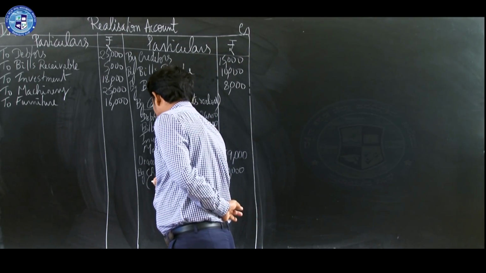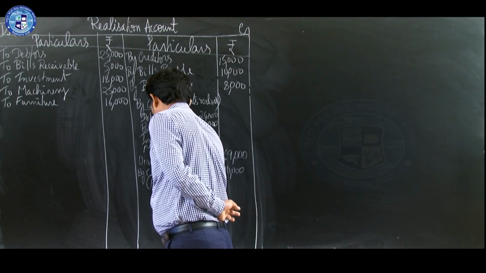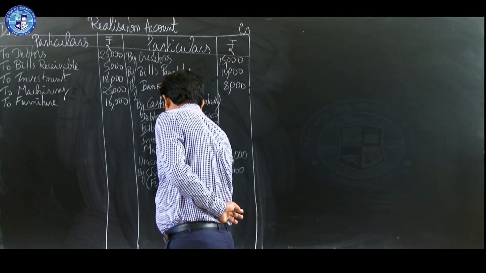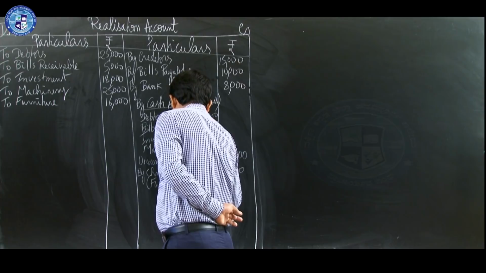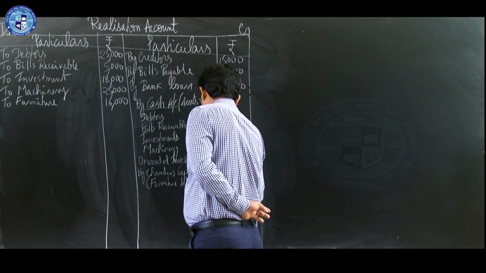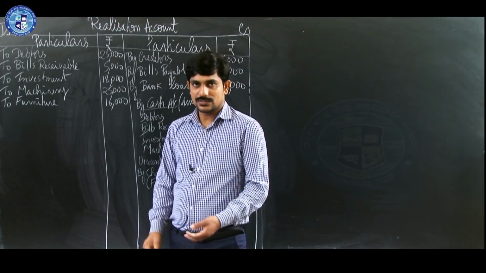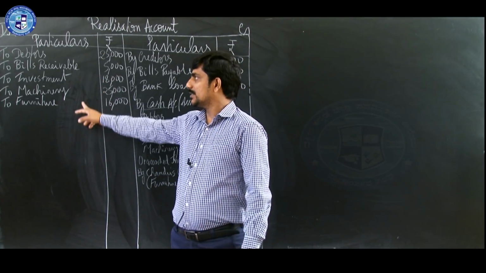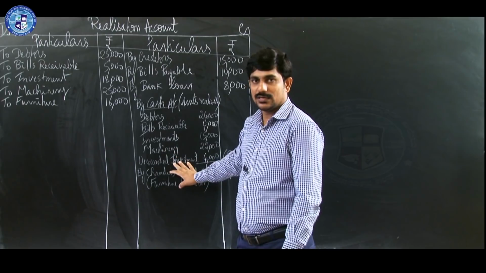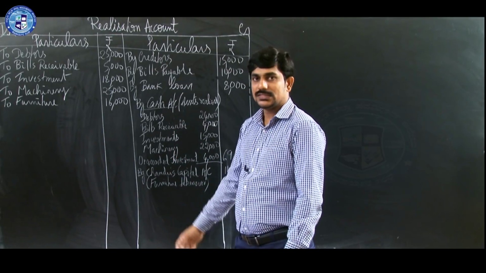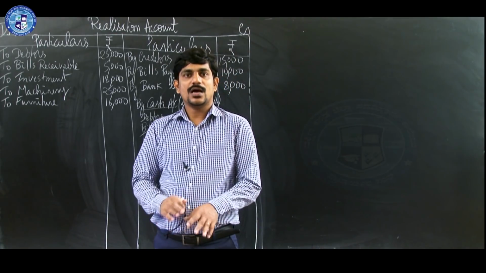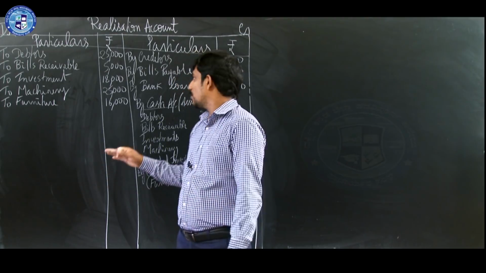So for the firm it is an income. Furniture taken over 10,000. So 5 assets were there, all 5 were settled. 4 are realized, one is taken over. So assets are settled, assets accounts are closed.